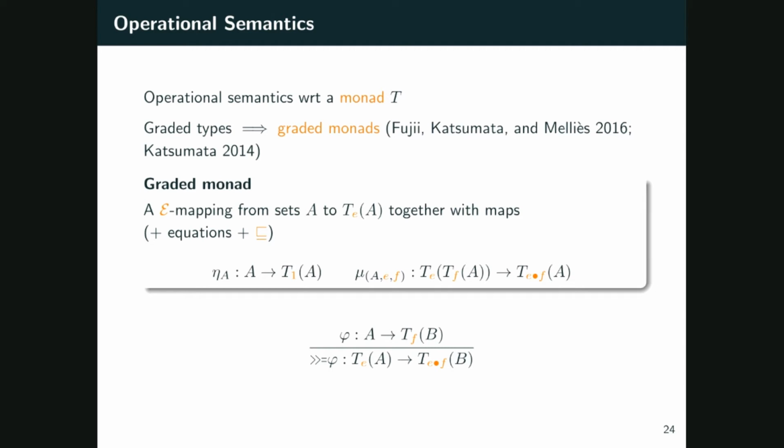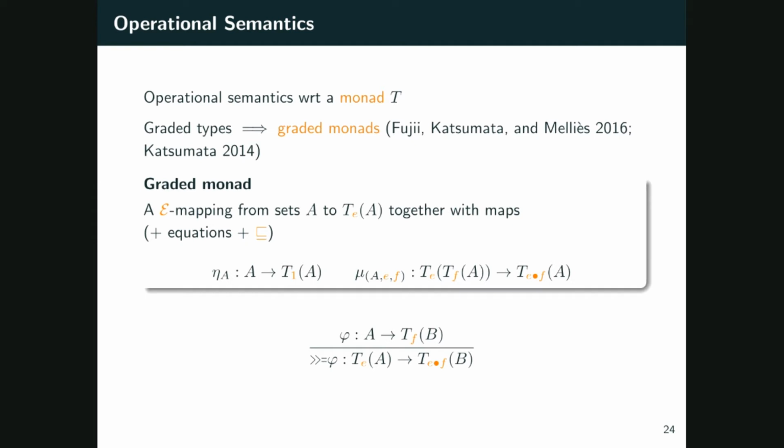So, for instance, the unit works by taking a value and producing a trivial computation, so one that produces the effect 1. Whereas the multiplication emphasizes the fact that we are sequentially composing effects.